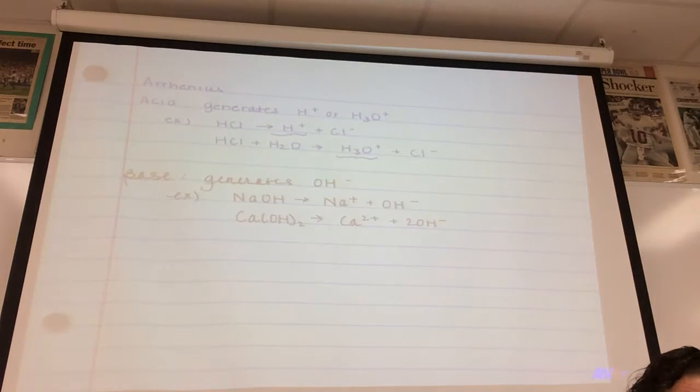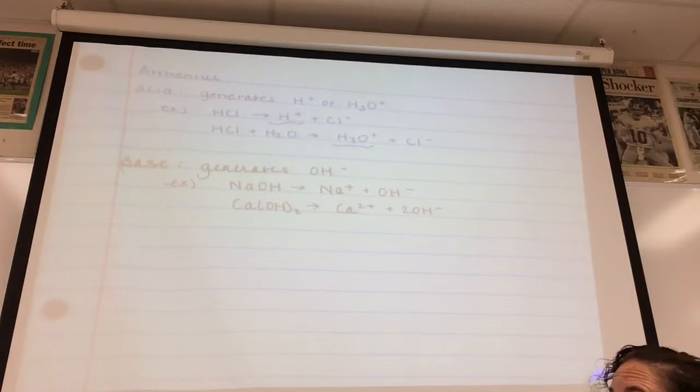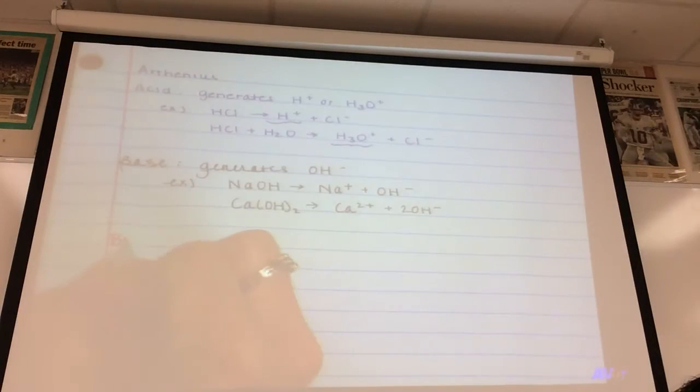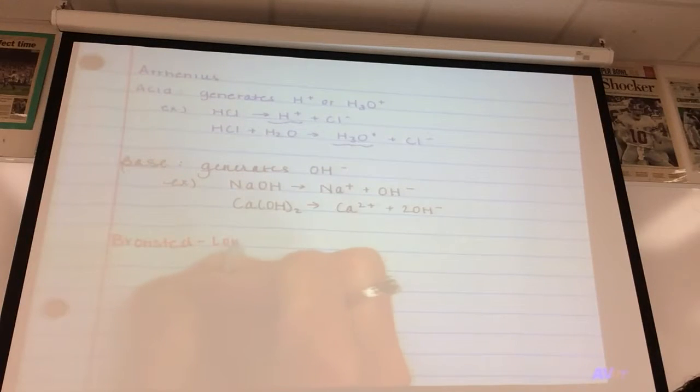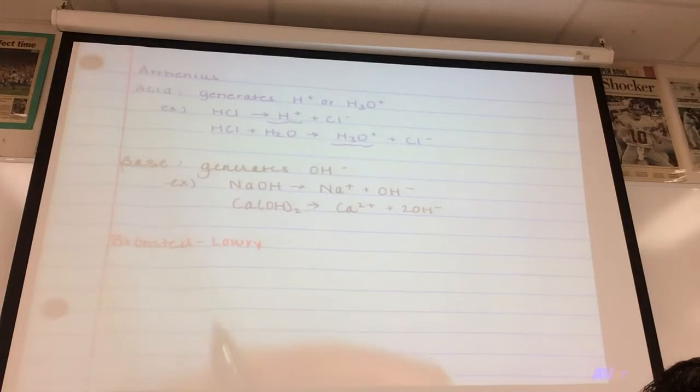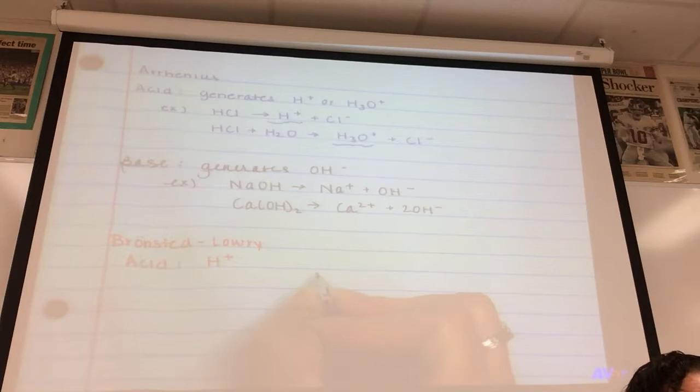Now, what many of you were referring to initially, because you love the conjugates, is the Bronsted-Lowry definition. And here, an acid is a proton donor or acceptor? Donor is correct.